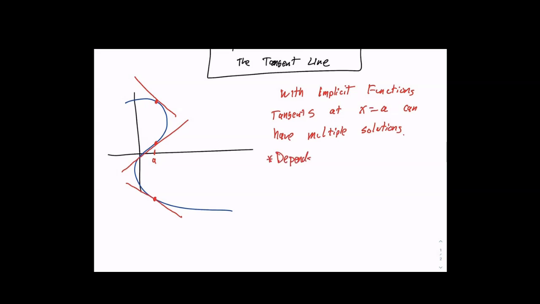Depends on the solution to f, or I want to say the evaluation to f of a.